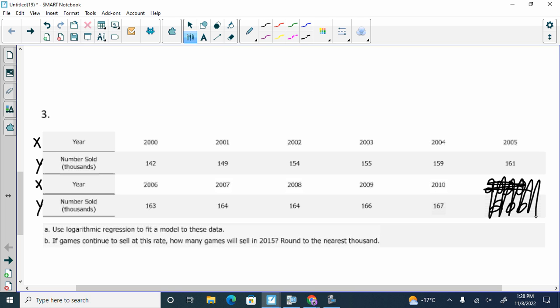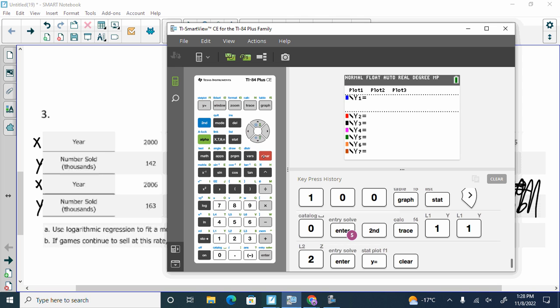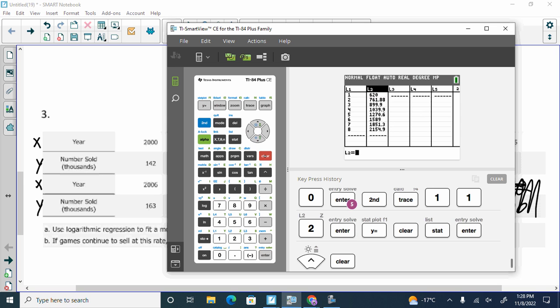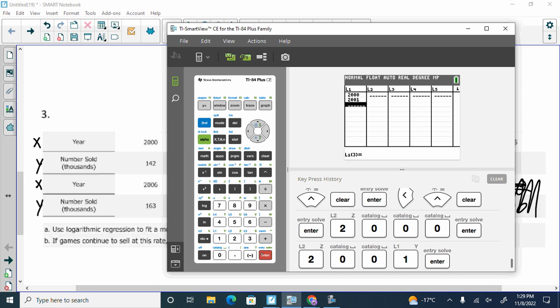Okay. So everyone's typing this one in. Go. And then we're going to do a logarithmic regression. So clear out your y equals. Clear out your list. And this is just selling games in these certain years.